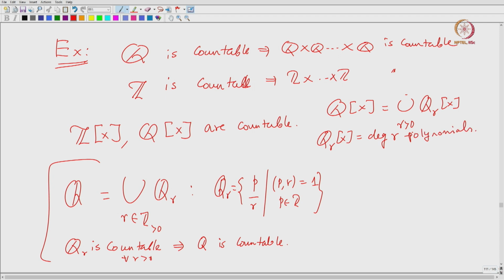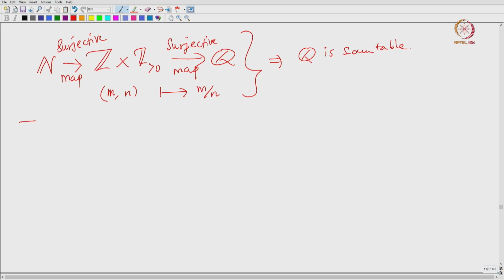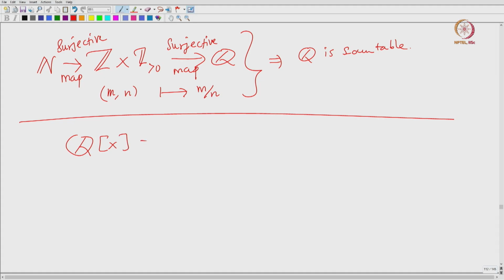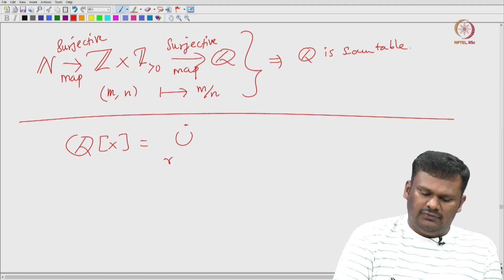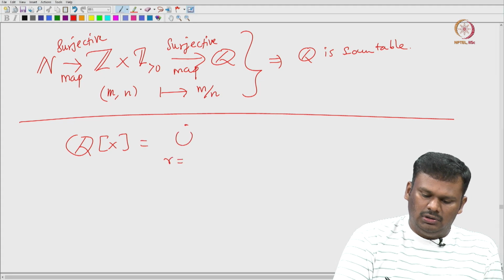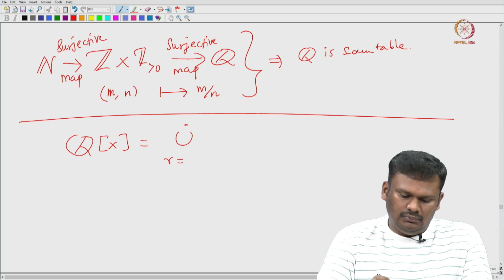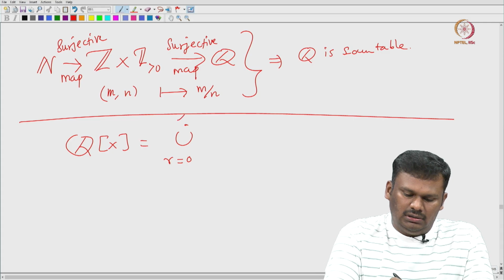So, maybe let me do it rigorously, maybe it is required later. You take Q[x] and write it as a disjoint union over r from zero to infinity of the degree r polynomials.